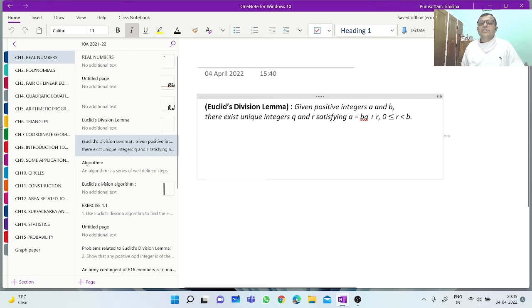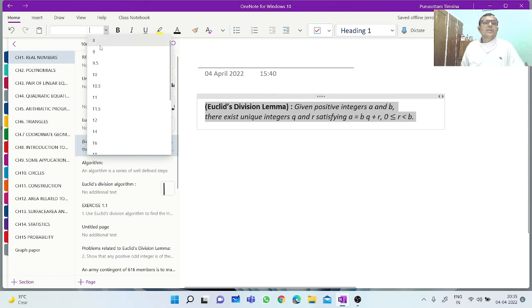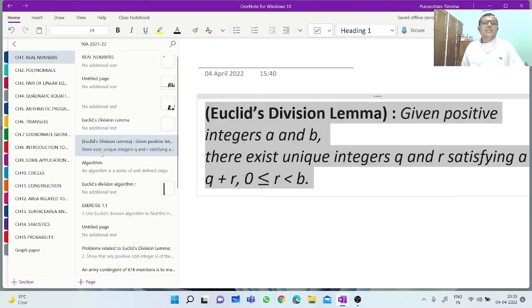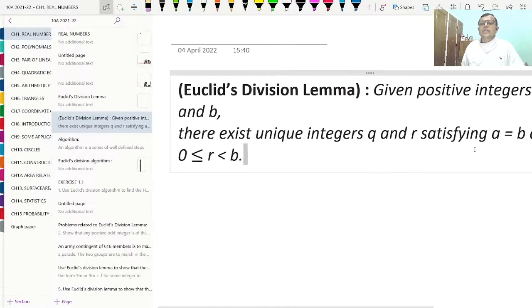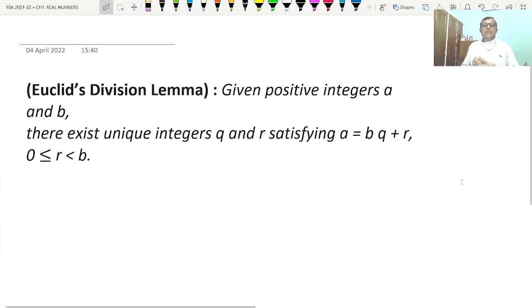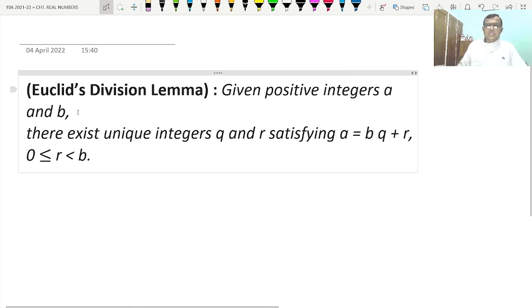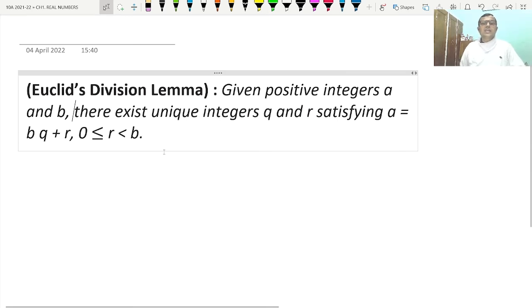Now, as a definition, Euclid's division lemma can be defined like this. Given positive integers a and b, there exist unique integers q and r satisfying a is equal to bq plus r, where r lies between 0 and b.